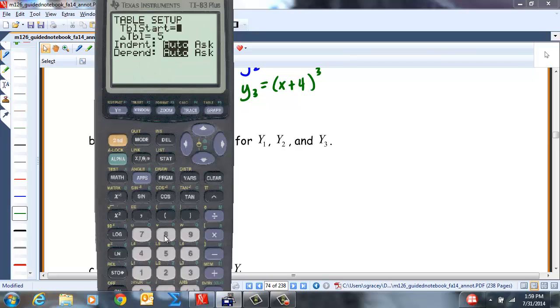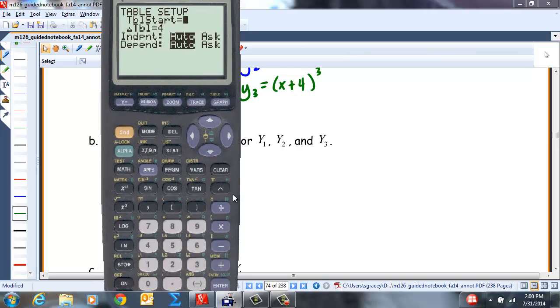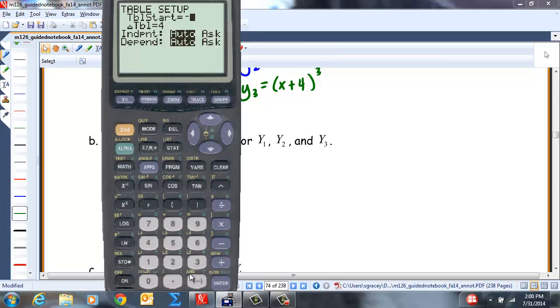The table start we're going to say is negative 4. Nope, I want to go here. I want to go to -4. The change in table, let's just do 1. And then we'll see what this guy looks like.